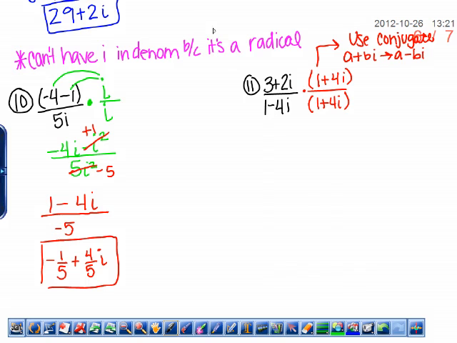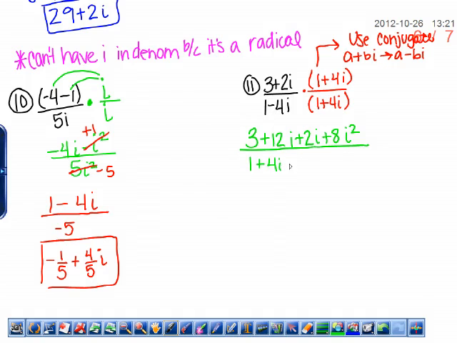Okay, let's distribute for our numerator. 3 times 1, 3 times 4I, plus 12I. 2I times 1, 2I. And 2I times 4I, 8I squared. Over 1 times 1, 1. 1 times 4I, plus 4I.